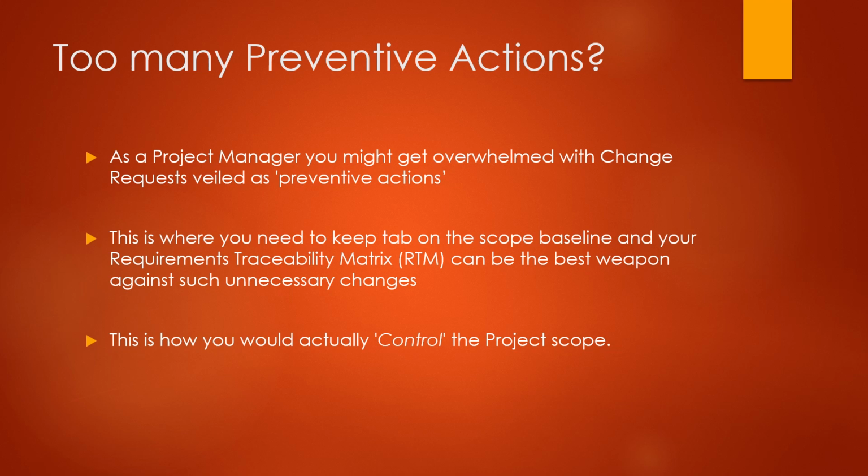And you need to have that critical balance between these useful change requests versus change requests which are just wheeled as preventive actions, right? So again, this is the critical balance that control scope process teaches every project manager out there. This was a lot of details.